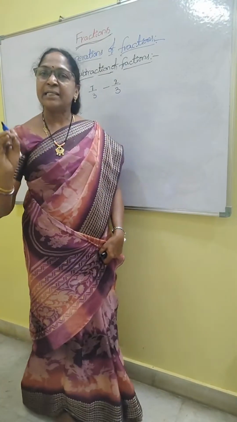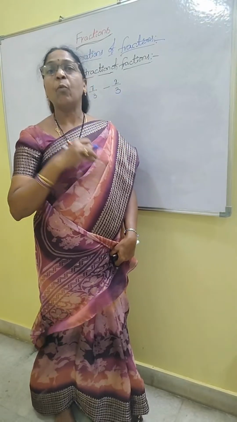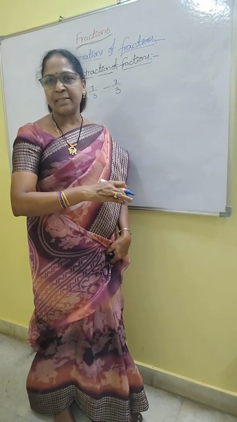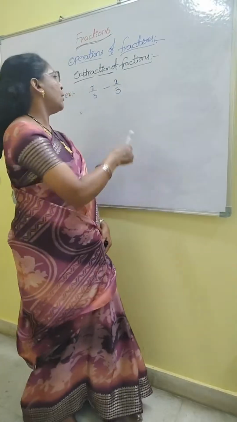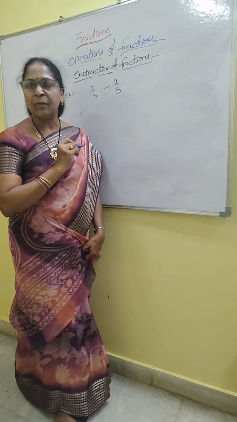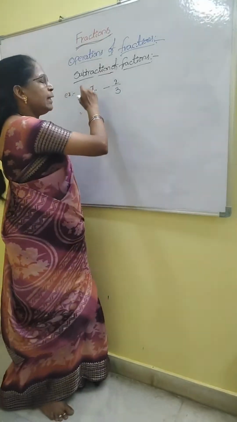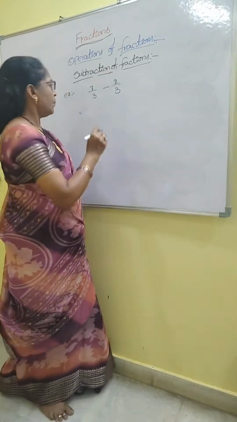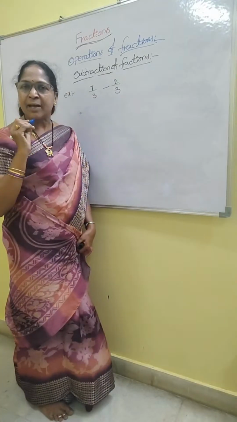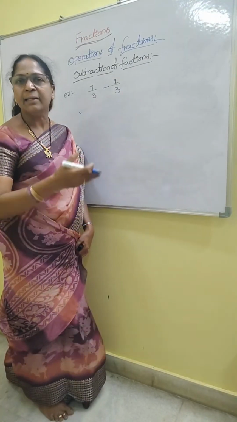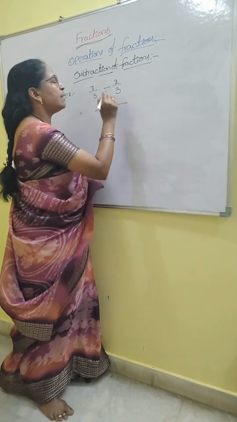Whenever like fractions are given, while doing the addition or the subtraction, simply you can write the denominator value as it is in the denominator. See here, this is a subtraction problem. Here the like fractions are given. How to subtract the like fractions means write the denominator as it is.